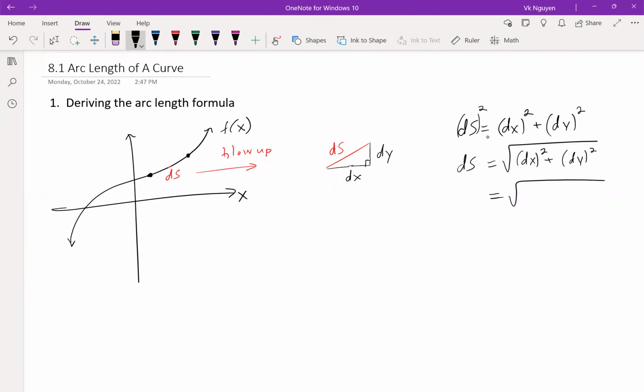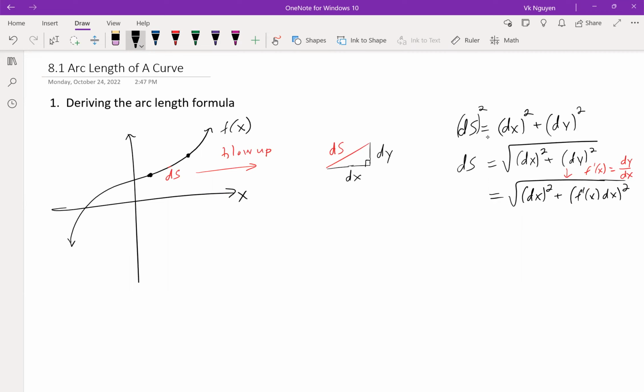If the function is written in terms of x, then dy here can be written as f prime x times dx, because f prime x is dy over dx. We have dx squared plus f prime x dx squared.